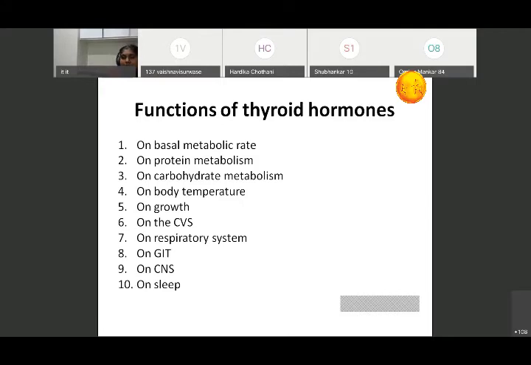Write down A, B, C, D. Number A, it increases transport of amino acid into the cell. Number 2, it increases transcription of DNA. Number 3, it increases translation of RNA. And number 4, it decreases the catabolism of protein. In this way, the protein synthesis increases.